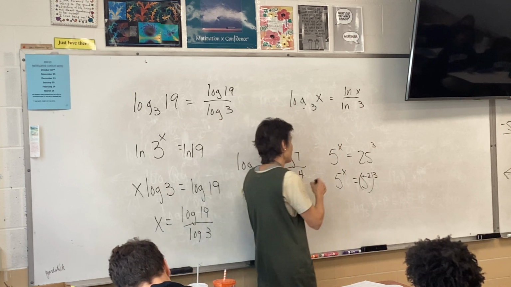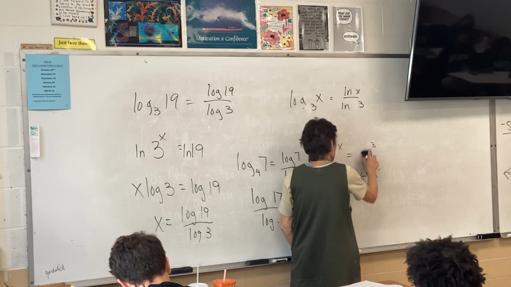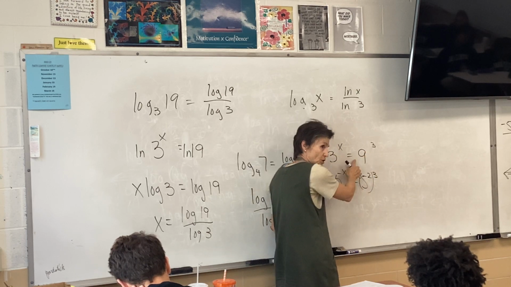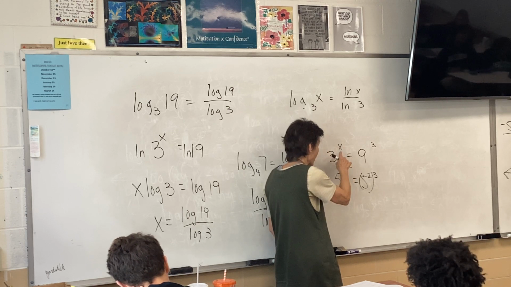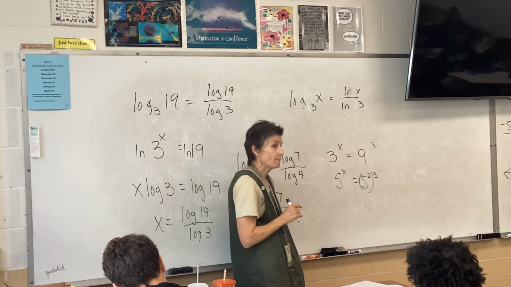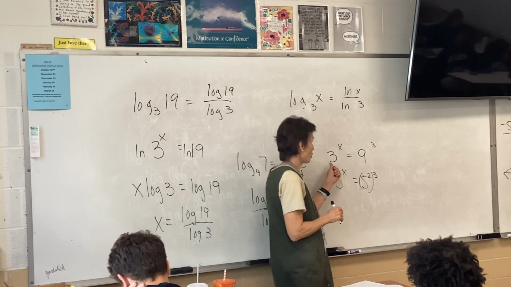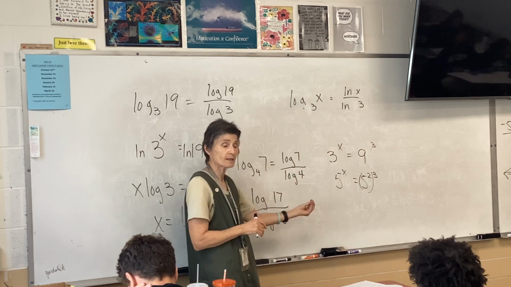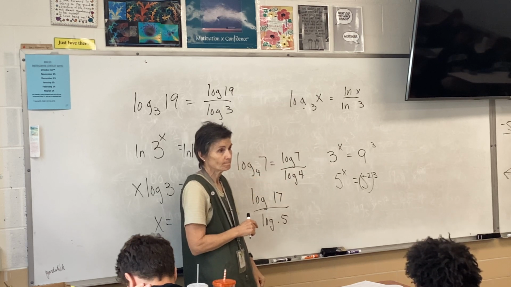Well, if this was a 3 and this was a 9, because these numbers had the same relationship to each other as the 5 and the 25 did, is that going to change the answer to my question? Am I still going to get 6? Same idea, as long as the bases are the same. So LNing both sides, LOGing both sides, you're not going to change your answer. Okay?